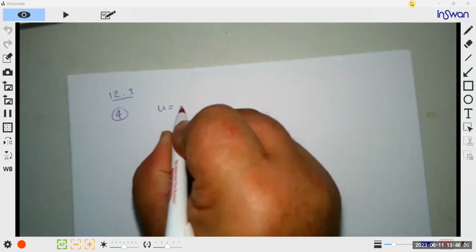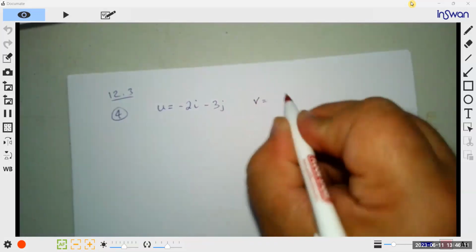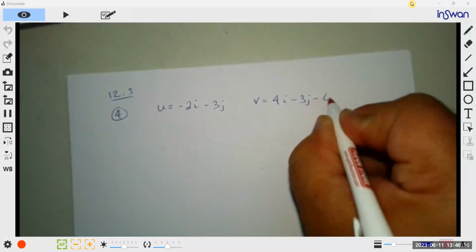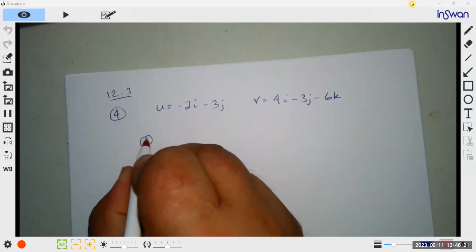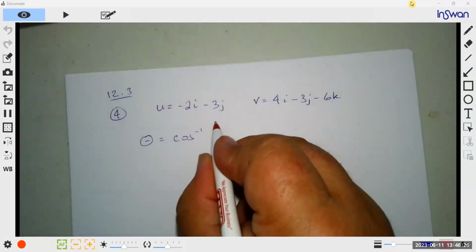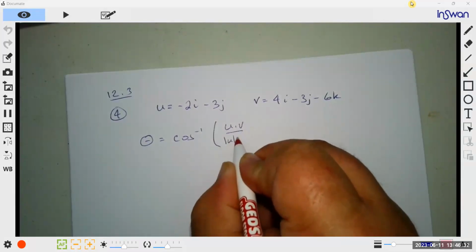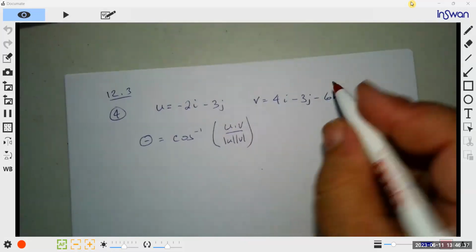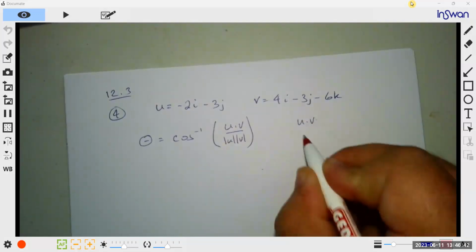U is equal to negative 2i minus 3j. V is equal to 4i minus 3j minus 6k. Since we're looking for theta, we'll take the inverse cosine of u dot v over the magnitude of u times the magnitude of v. So we have to find u dot v.